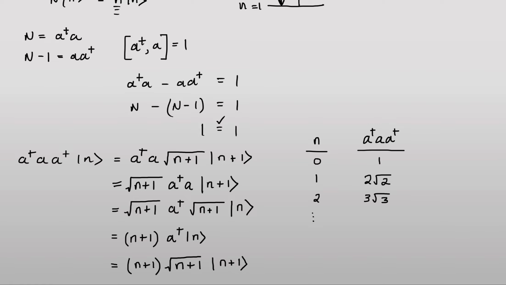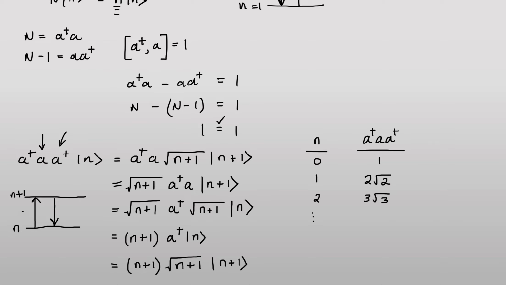So in the end, if I were to draw our picture, we can start at the n state, and here's our n+1 state, and we start off with our creation operator, or a raising operator, that raises us up to the n+1 state. And then this is our annihilation operator, which will bring us down the ladder.